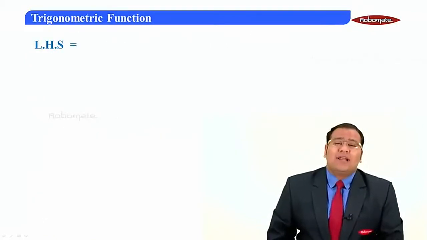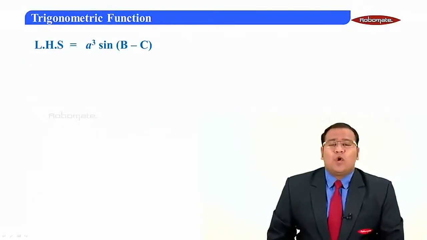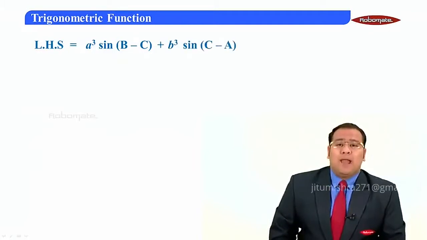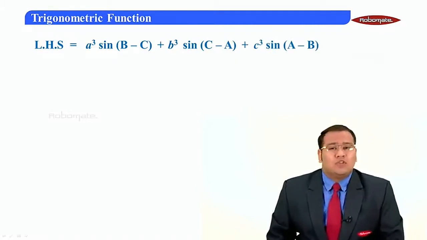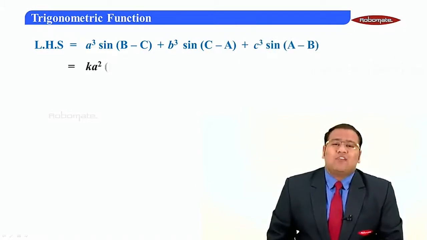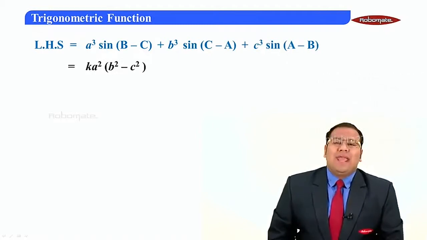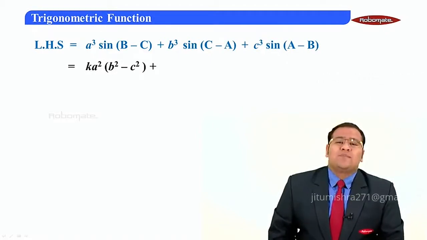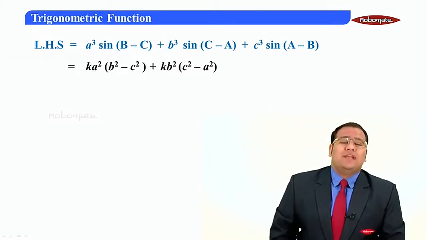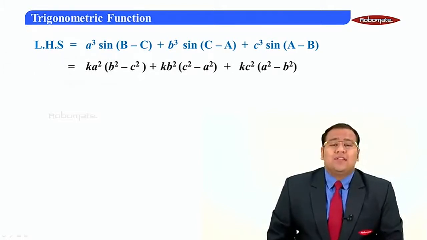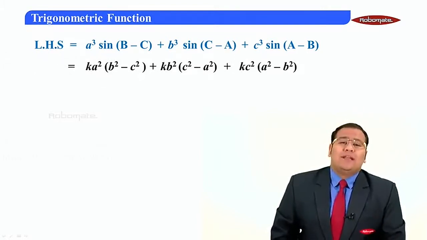So now considering the left hand side, that is a cube sine of (b minus c) plus b cube sine of (c minus a) plus c cube sine of (a minus b), it would be equal to what? We know a cube sine of (b minus c) is given by ka square (b square minus c square), plus the b cube term is given by kb square into (c square minus a square), followed by kc square into (a square minus b square).